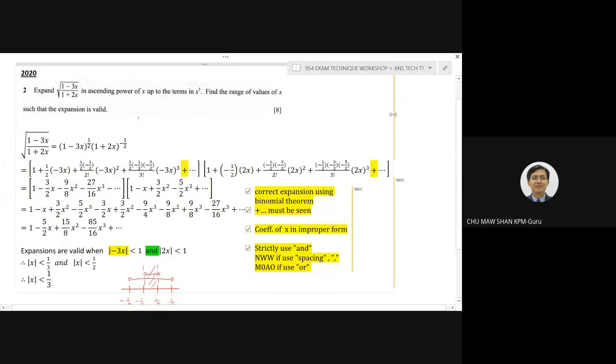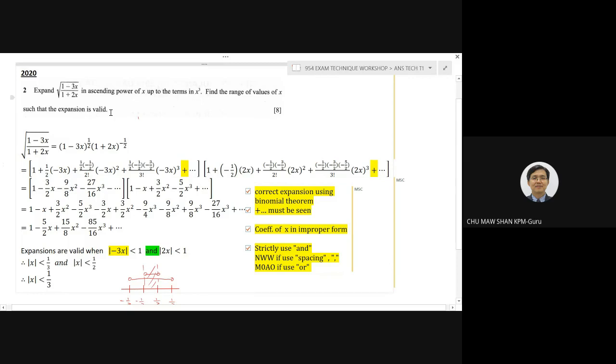Expand in ascending power of x. Any question? Any question? Okay. Expand in ascending power of x up to the term in x cubed. Find the range values of x such that the expansion is valid.